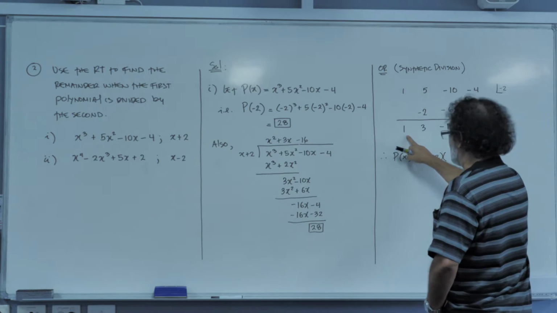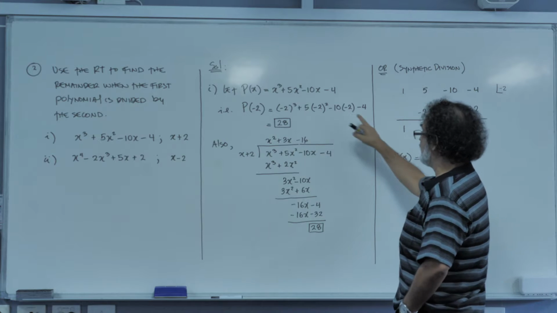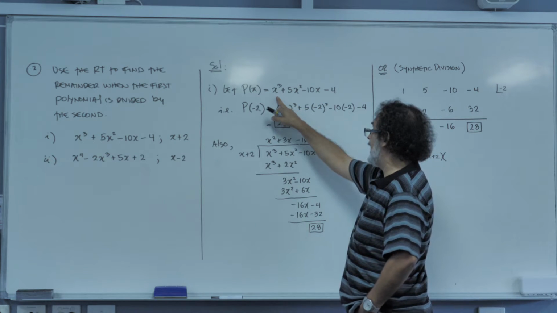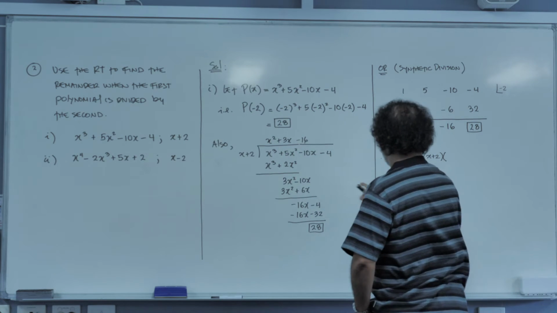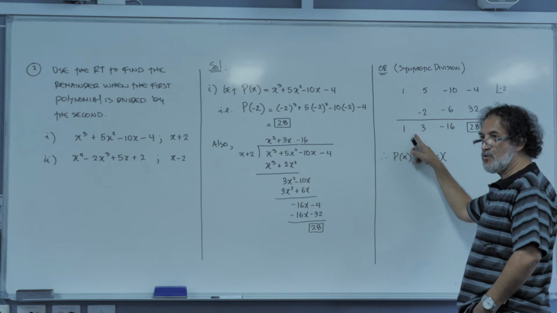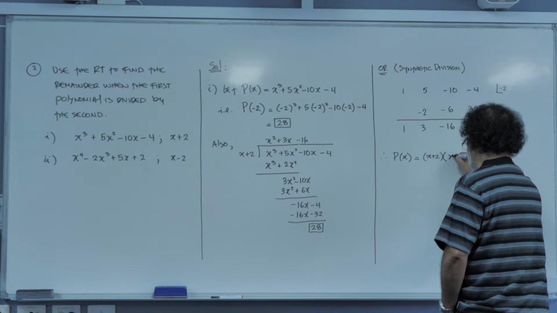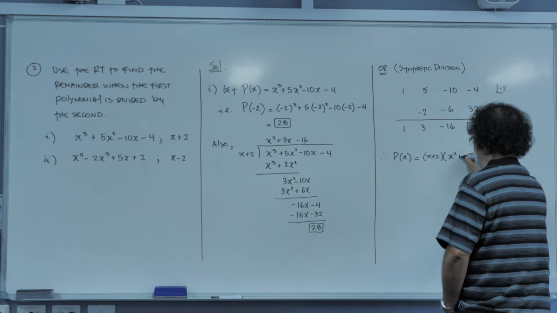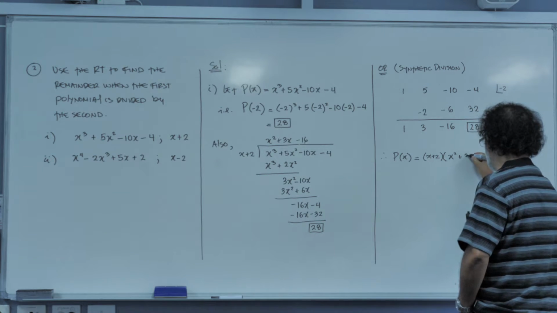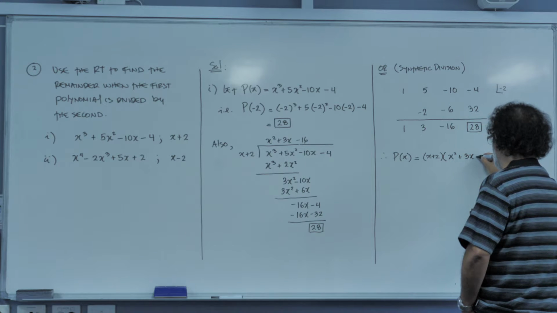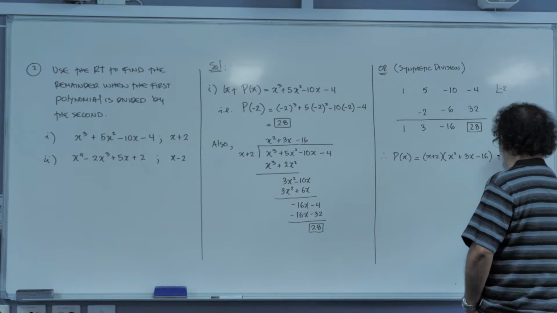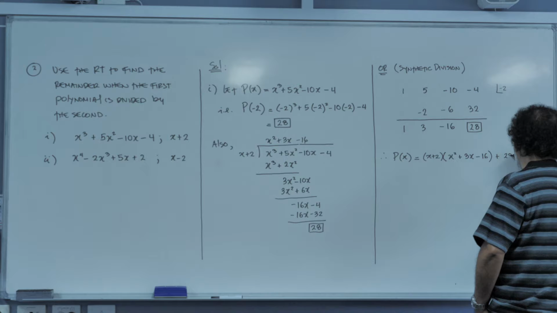Also, the original polynomial was a cubic one, so the quotient will be reduced to x squared. So this is going to be 1x squared, or just x squared, and then plus 3x, and then minus 16. Again, then plus the remainder.